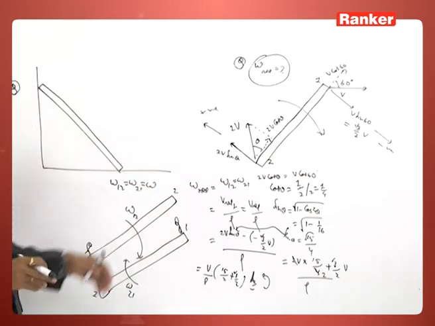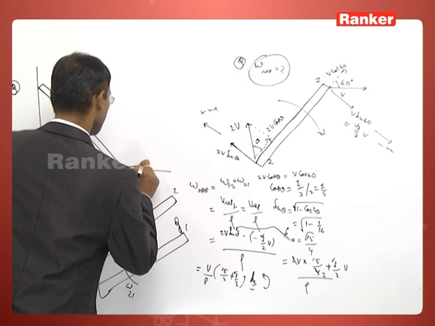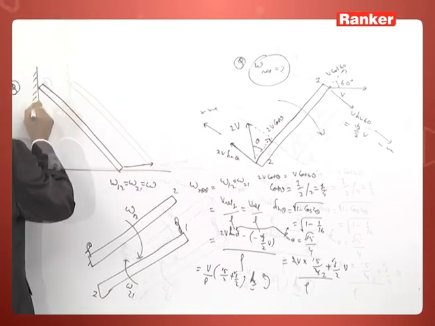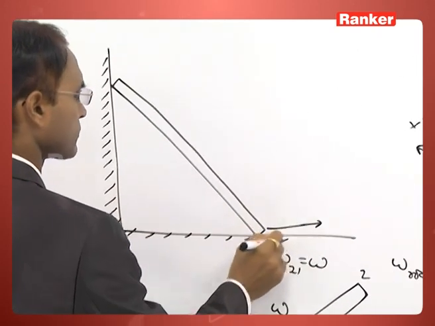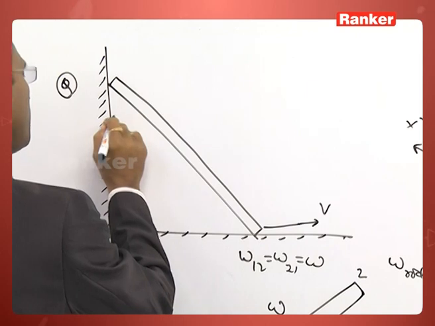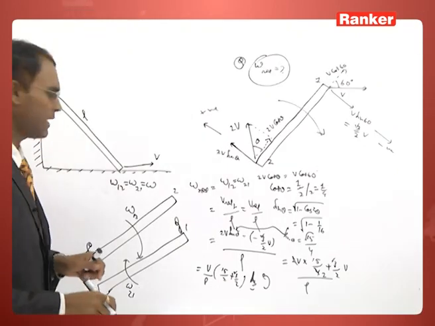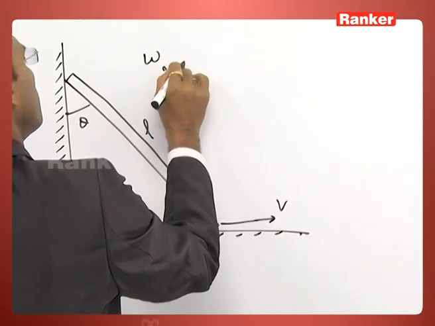Using this concept of relative angular velocity, let us solve this problem, which is solved by using the ground frame method. When the rod slides with velocity v, the length of the rod is L, and this angle is theta. Now we need to calculate the angular velocity of the rod.